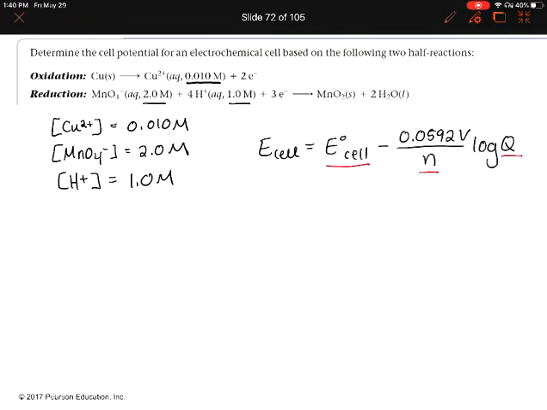So I'm going to rewrite the half reactions. Luckily, they've already told us how many electrons are gained and lost for each half reaction, so we don't have to go through all of those steps.